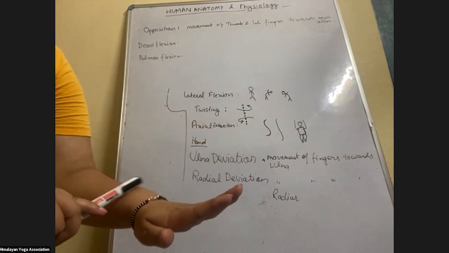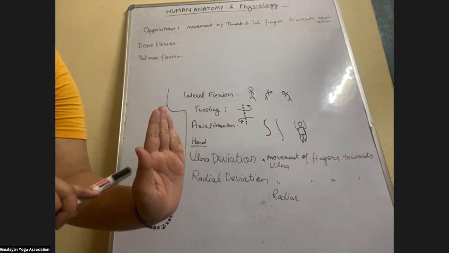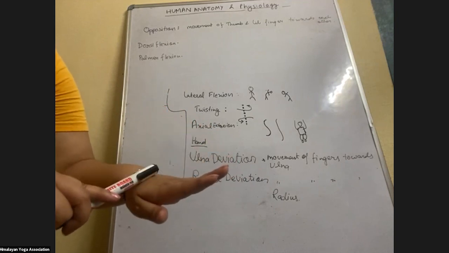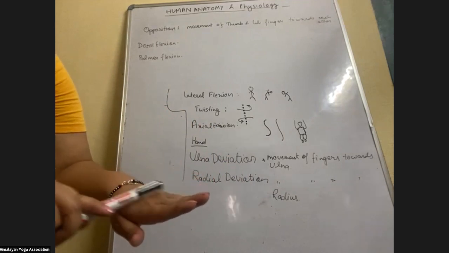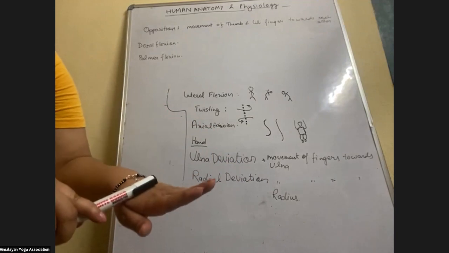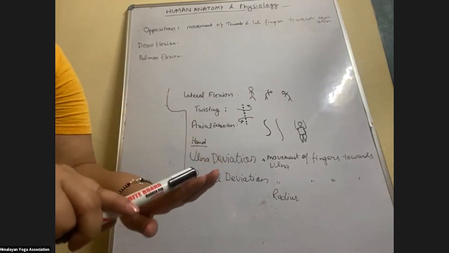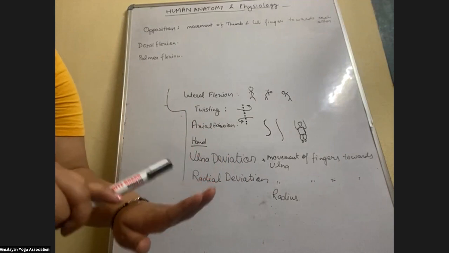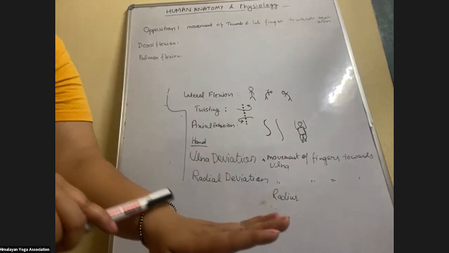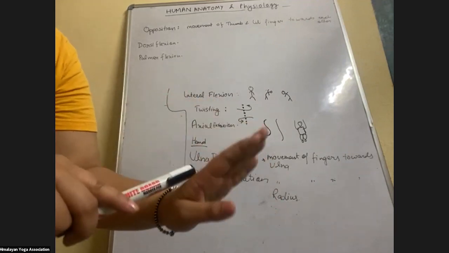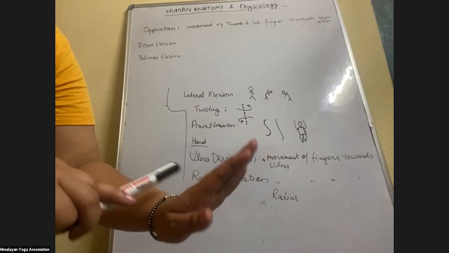See, now it is 180 degrees. Now I have reduced it to 90 degrees. This is flexion. And this part is dorsal. So dorsiflexion, because here I am decreasing the angle between the bones.